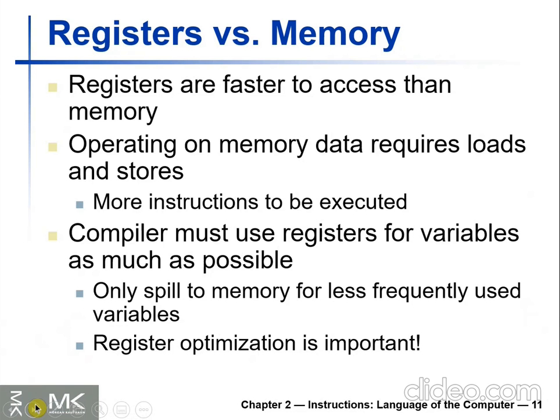So these compilers must try their best to use as many registers as possible. Why? Because accessing a register is much faster than accessing memory.